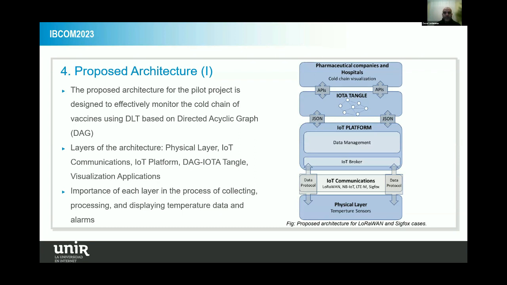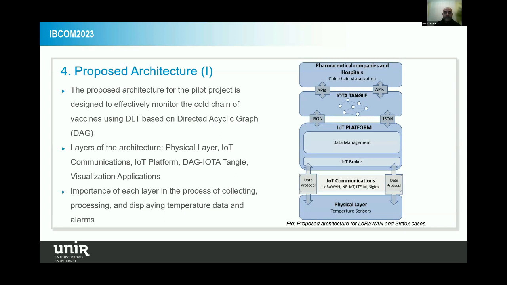The next layer is the IoT platform. This layer is where the ingestion and processing of the data from the sensors installed in the vaccine refrigerators take place. When the platform receives the temperature data from the sensor, the information is automatically recorded in the DAG to track the temperature recording times and also the alarms.